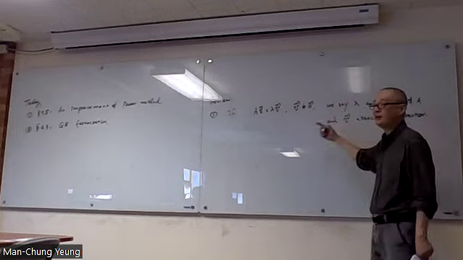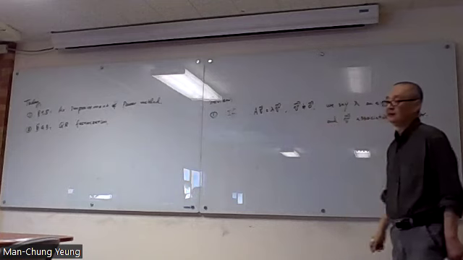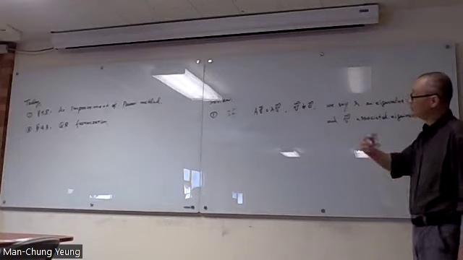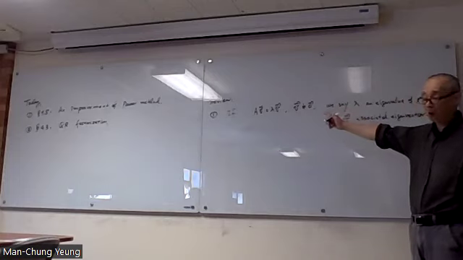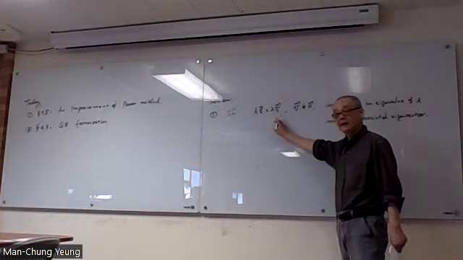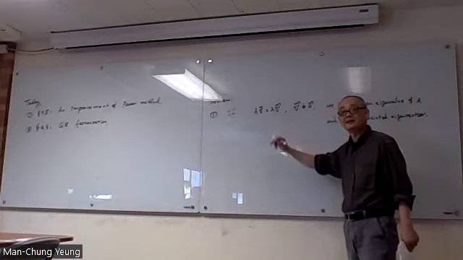Eigenvector associated with this eigenvalue. So we want to find out all such scalars and such vectors.